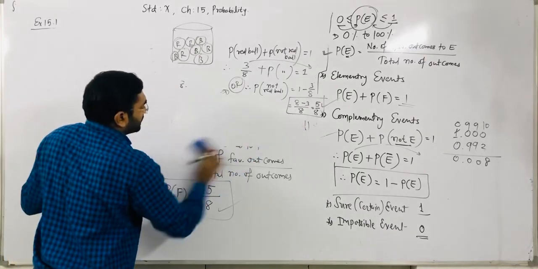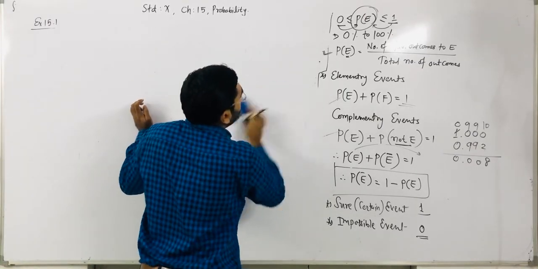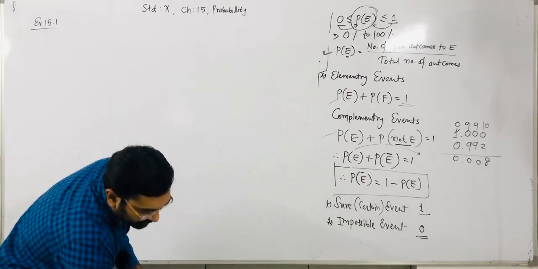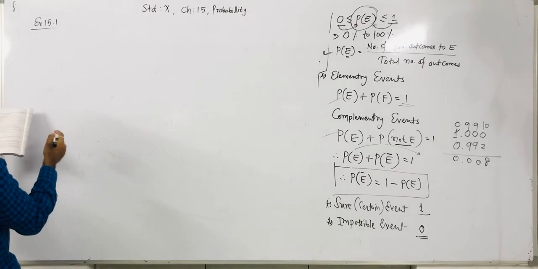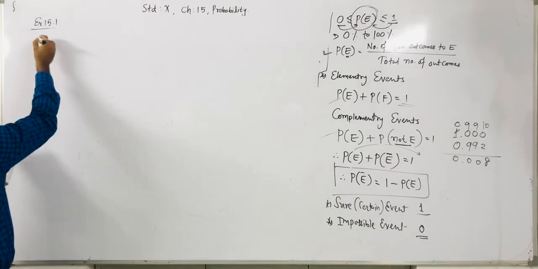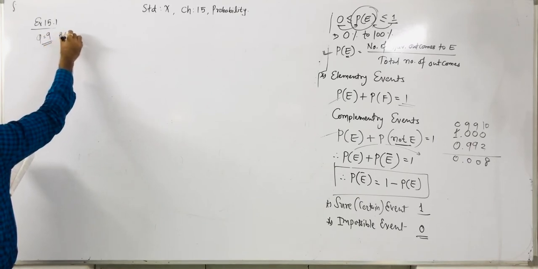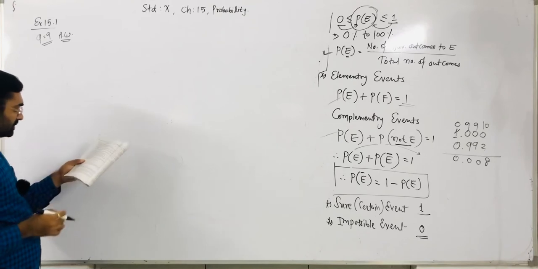Now question number 9 we have to solve. A box contains 5 red balls. See, question number 9, I hope all of you solve similarly in your homework, because it is a similar type of question. In short, I will give some instruction.